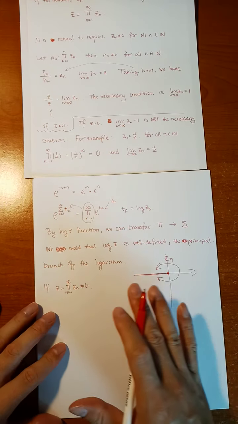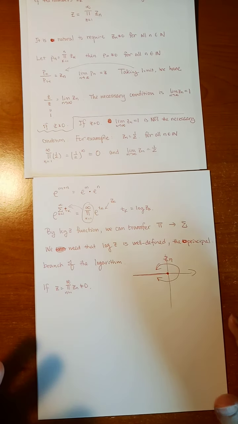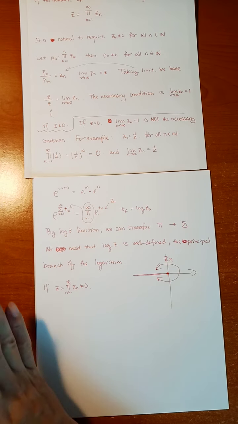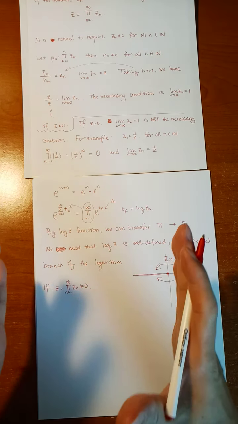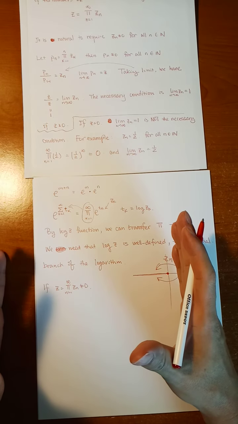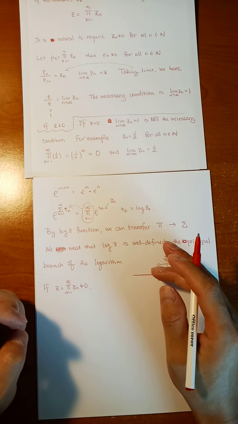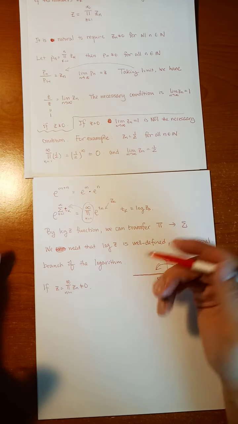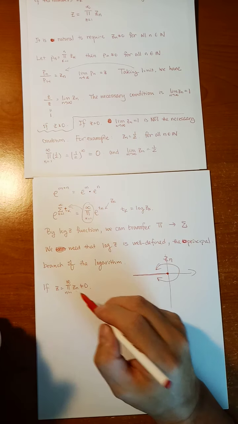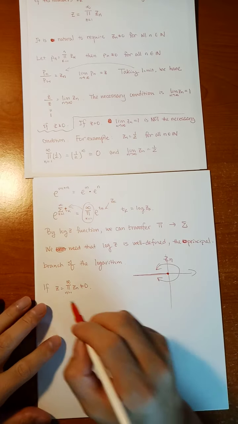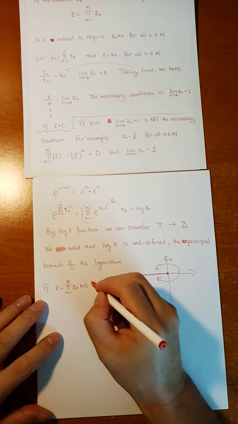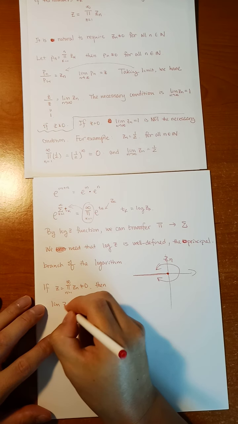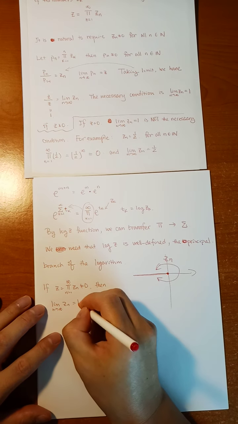And if the infinite product is 0, it's not interesting for our application, because remember we are going to have the analytic function. If you get a 0, it's just the zero function. It's not interesting. So we want to study the case when the infinite product is not equal to 0. If the infinite product is not equal to 0, we have the limit of Zn equal to 1.